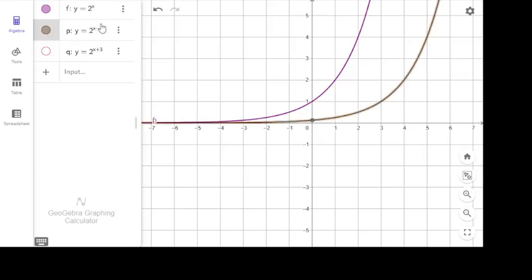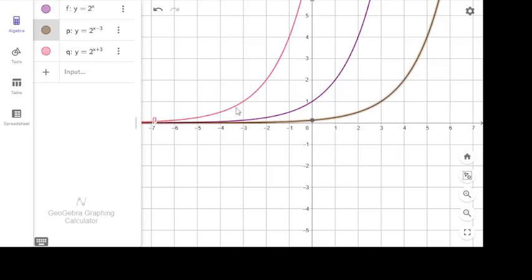Look here, my initial graph moved to the right 3 units. 1, 2, 3. Here 1, 2, 3. So the y-intercept here would be 1/8.